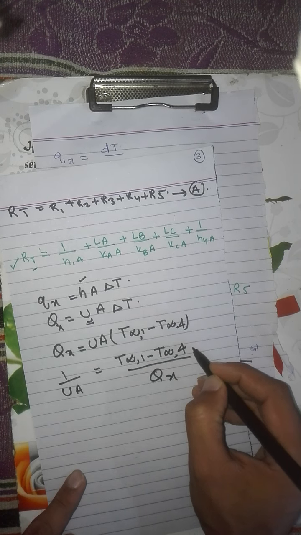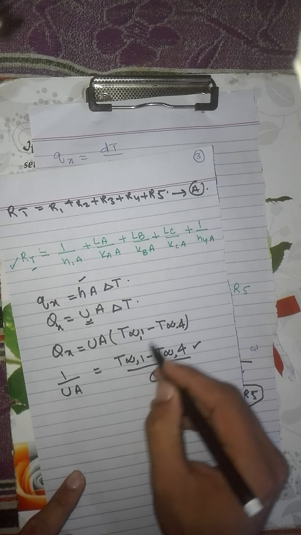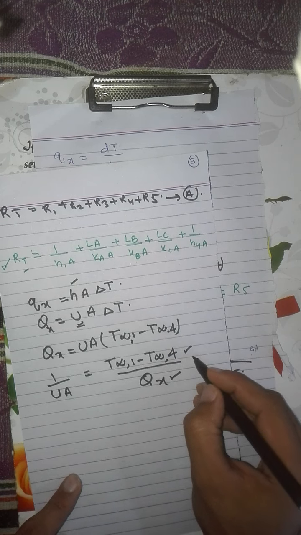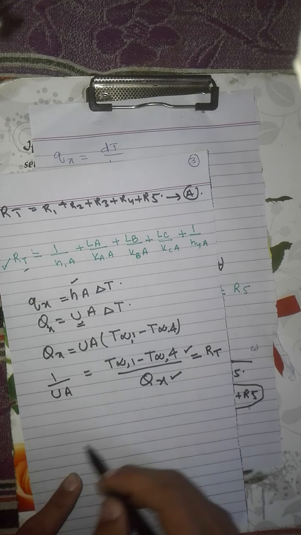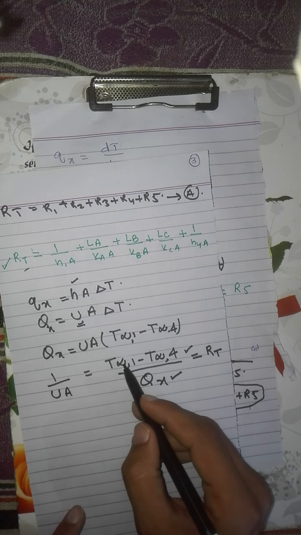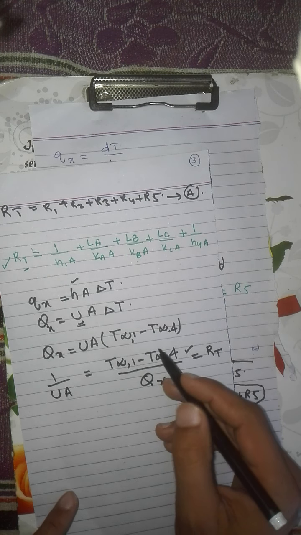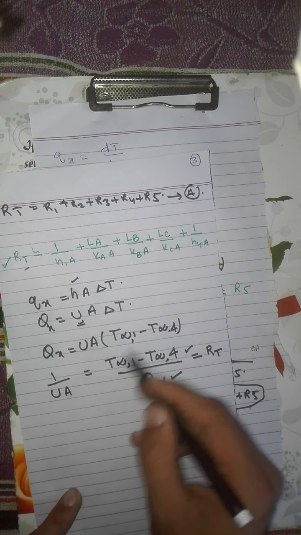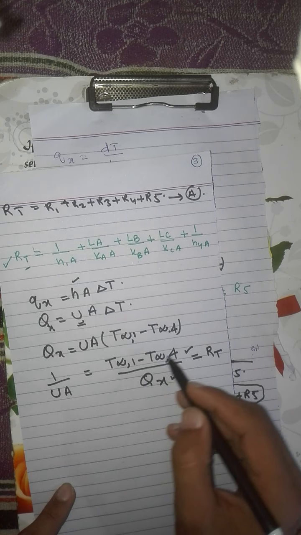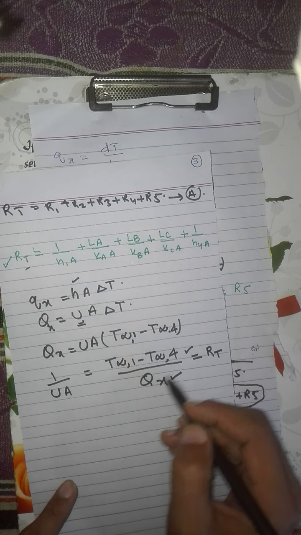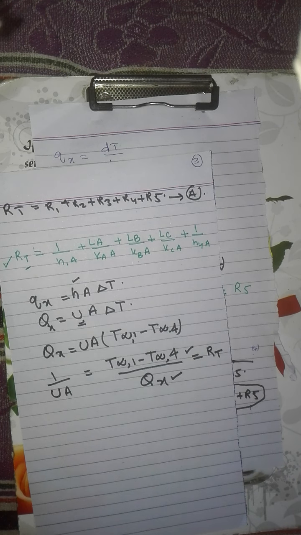Again, this is the ratio of temperature difference and heat transfer rate in the x direction, so we can call it resistance, the total resistance, because there are various resistances between these two temperatures, and it includes the overall heat transfer coefficient.